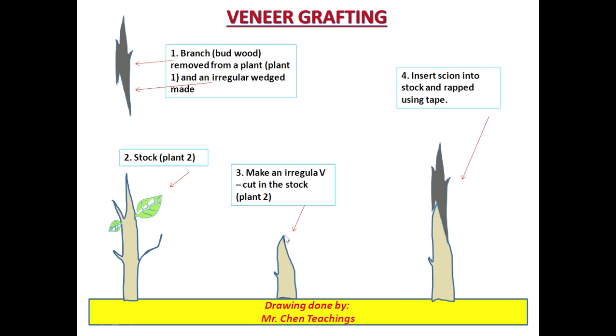Alright, so you'll cut your stock here to match the shape of the scion up here. And then what you do now, you would fasten them, you would insert them together, and then wrap and leave and observe for growth. Alright, so it's just the shape that makes the difference with the cleft and the veneer. And with the veneer, it can be done on the side of a stem. But with the cleft, it is done on the top of a stem.